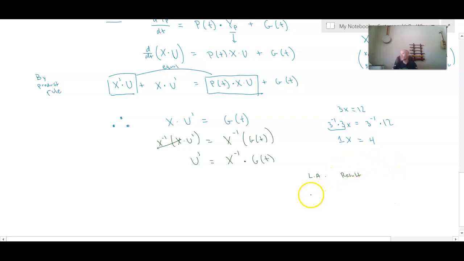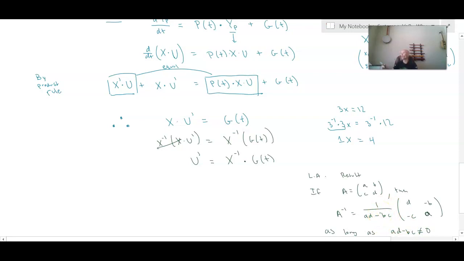The inverse of a matrix, if A is a matrix that has 4 components, a, b, c, d, then A inverse equals 1 over the product of the diagonals ad minus the product of the diagonals bc, times the matrix d, a, with those two values switched, negative b, negative c, as long as ad minus bc is not equal to 0. If it is, then you're dividing by 0, and that's a problem.